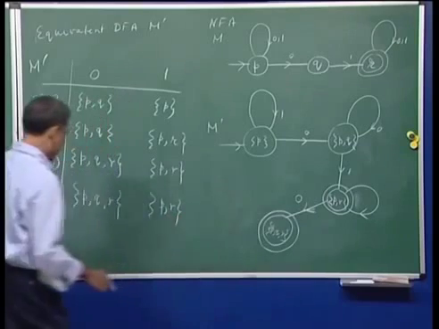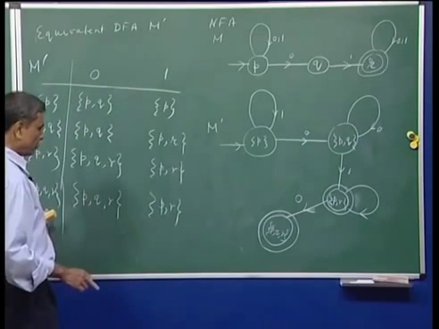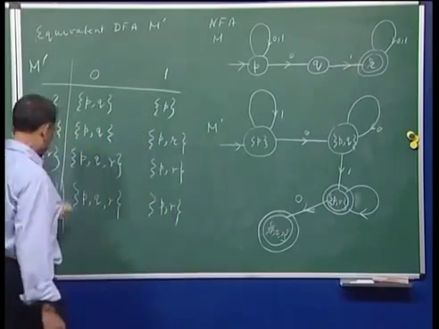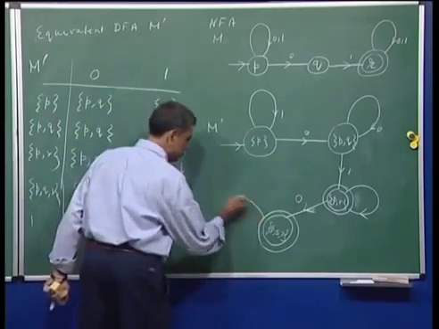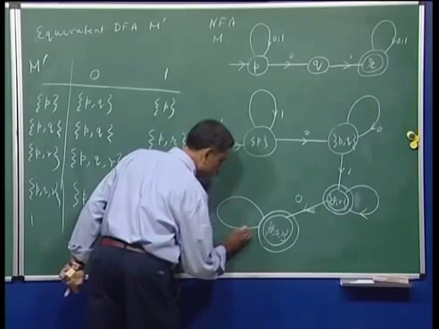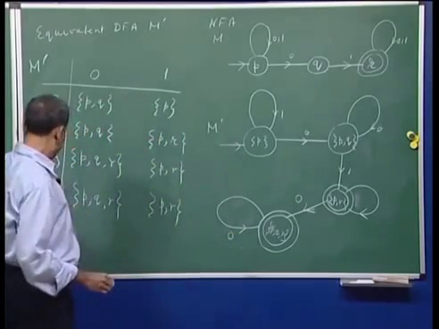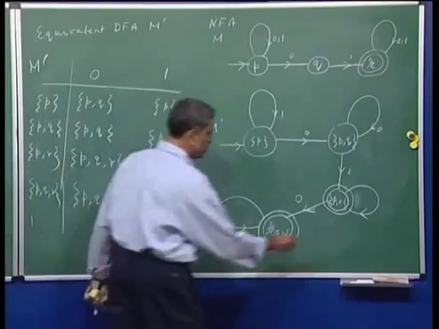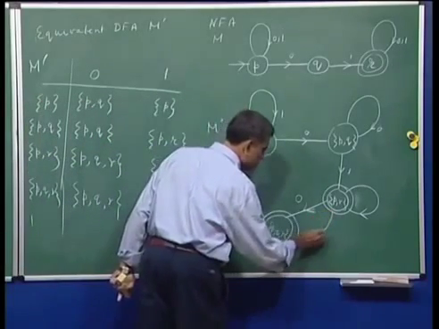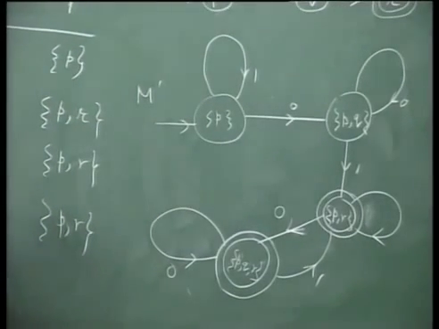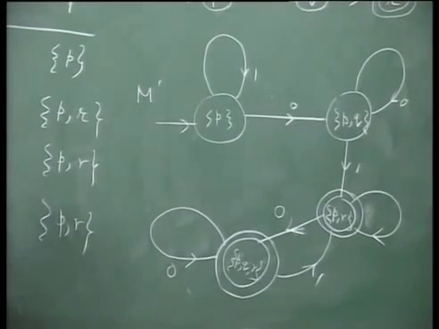Oh, by the way, we should have taken care of the PQR transitions in this diagram. PQR on 0 it remains here, and from PQR on 1 you come to this state. So, this is the DFA according to our idea.